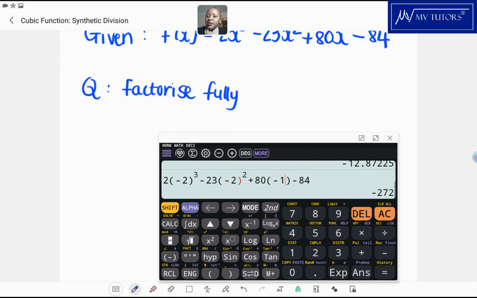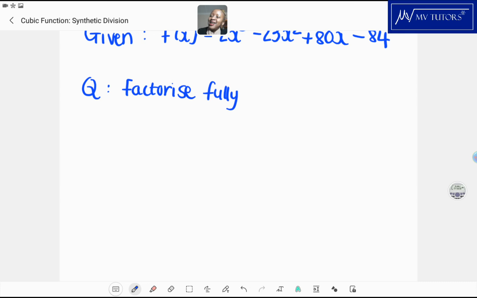Nope. Let's try positive 2. Yay! We got a factor. It is 2, so x equals 2 is a factor.